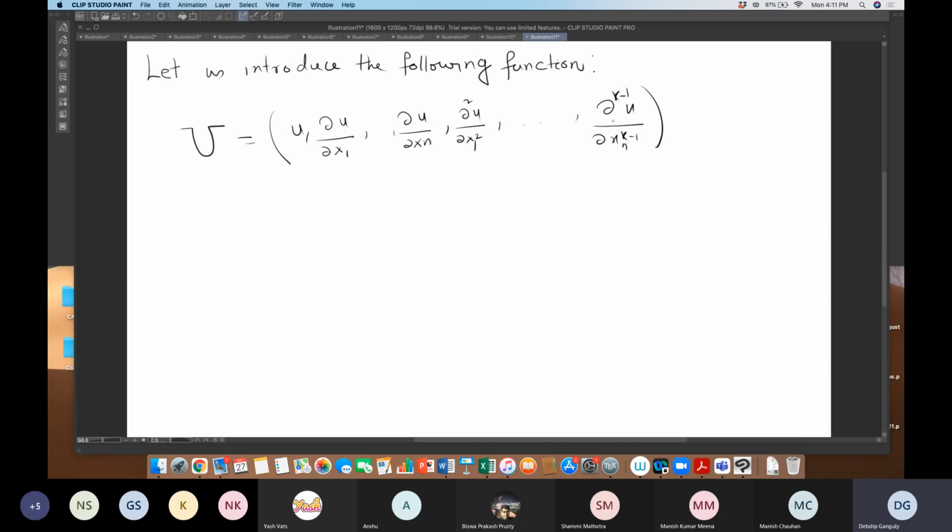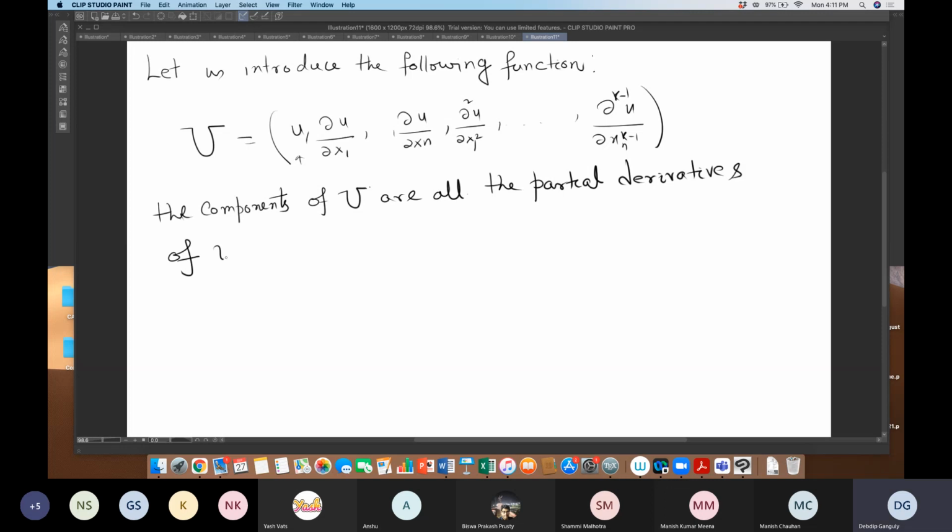This U is a vector, right? The components of U are all possible partial derivatives of small u of order less than k. K is the highest order.